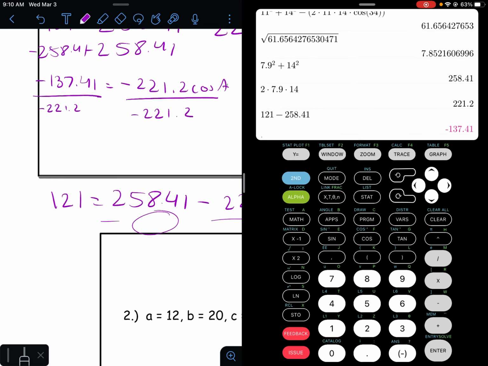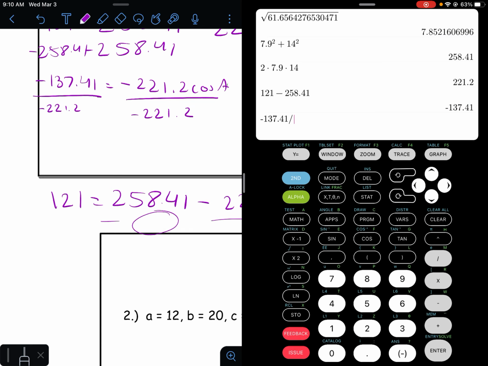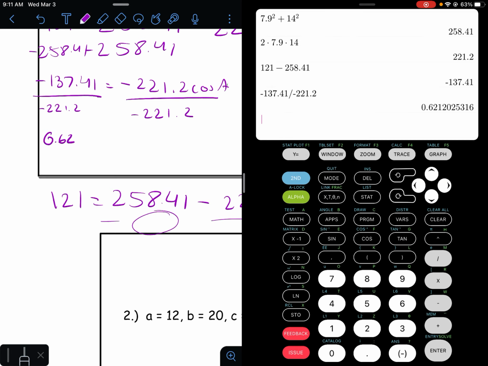We can just take this guy, divide by negative 221.2, and we get 0.6212 equals cosine of A.